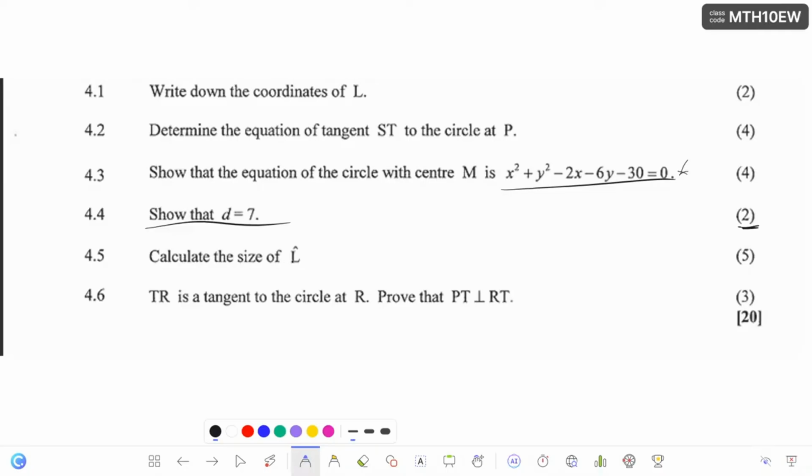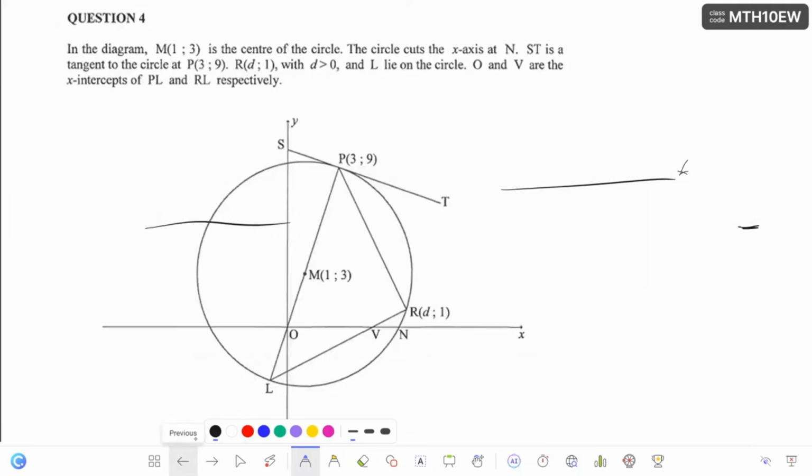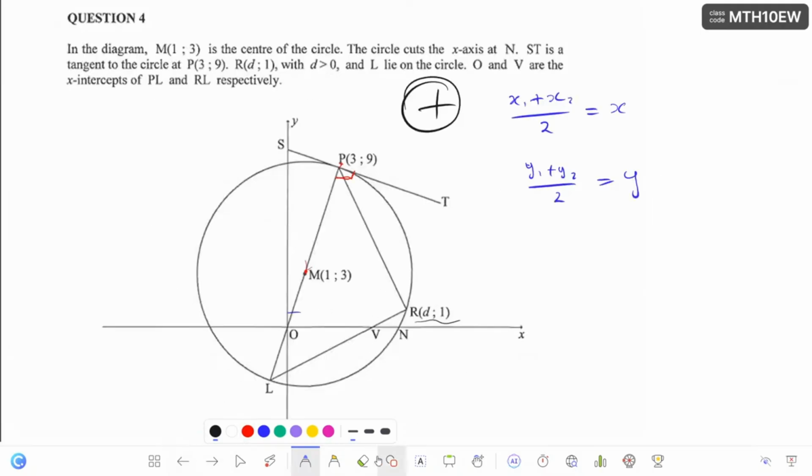Calculate the size of L. In order to calculate the size of L, we need to calculate the distance. Okay, wait, I think we already have this distance.